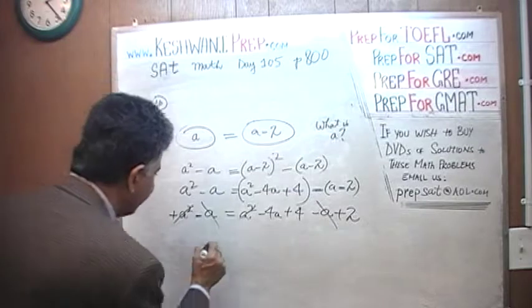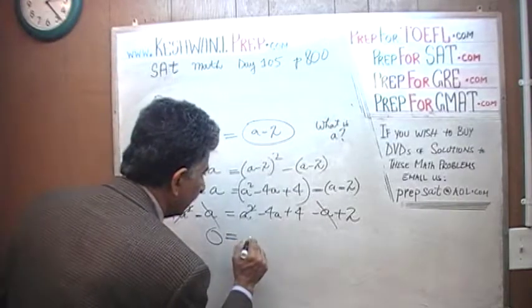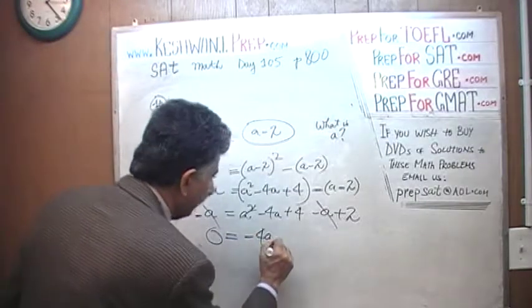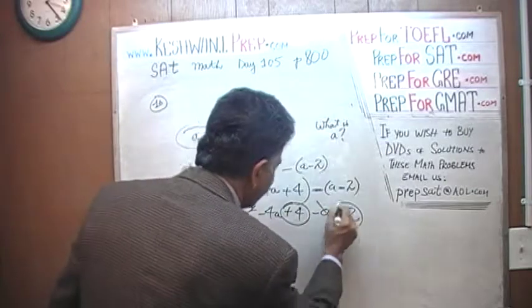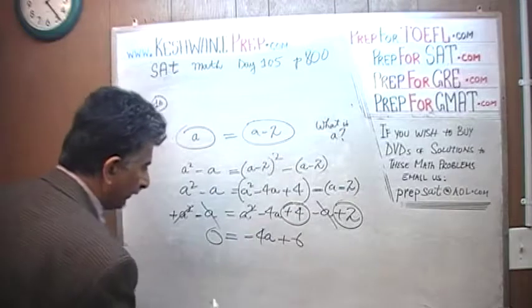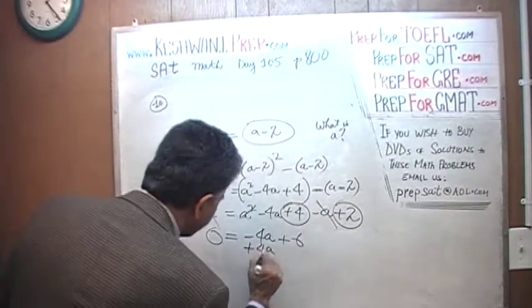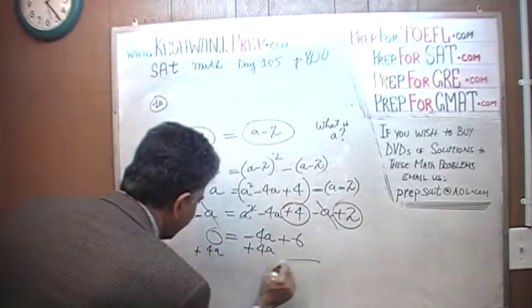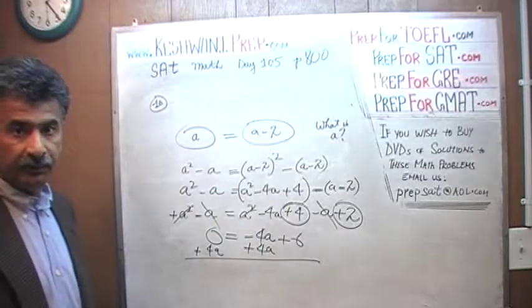What are we left with? On this side, we are left with 0. And we are told that equals minus 4A, and then here we have positive 4 and a positive 2. This is positive 6. Bring 4A to this side. In other words, add 4A to both sides. I just told you I wasn't going to show you the baby step, and I did it again.